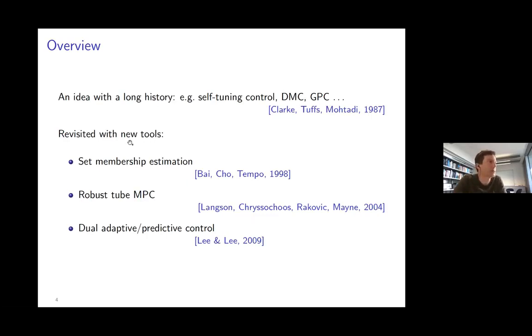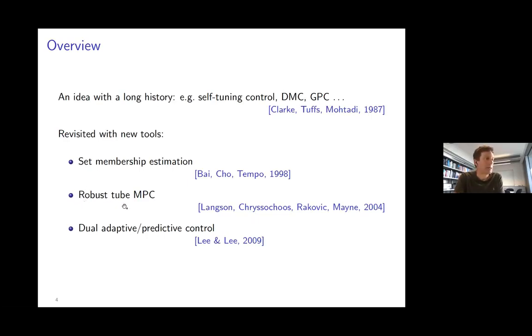So some of the tools that I'm going to focus on in this talk are set membership estimation methods. So this is instead of identifying a single parameter value, identifying a set of parameters which the plant parameters have to belong to.